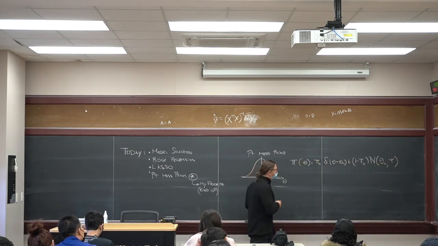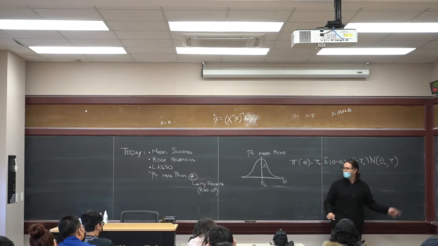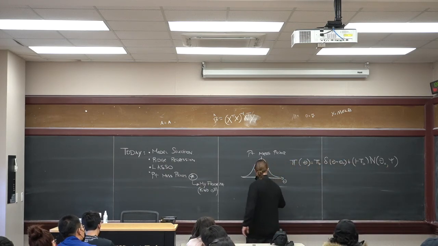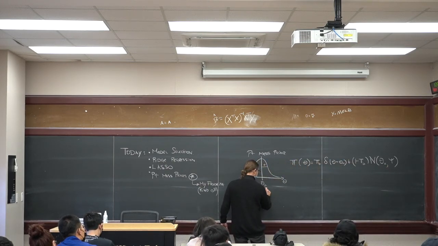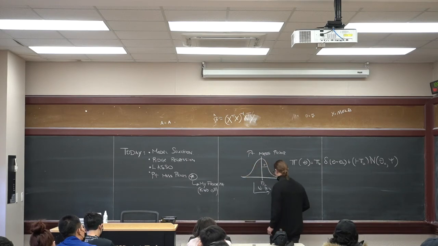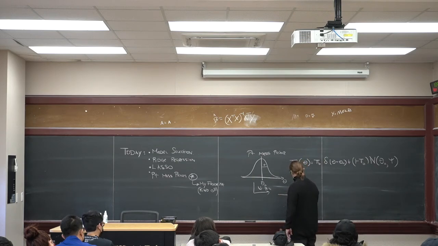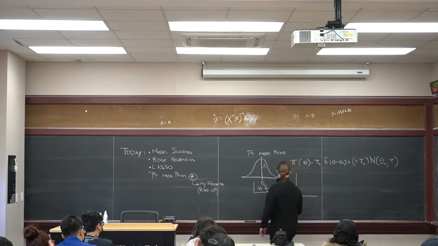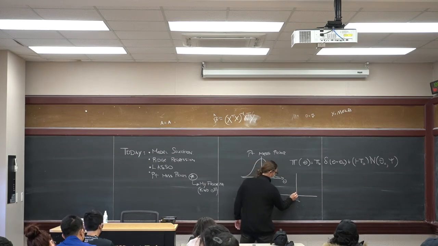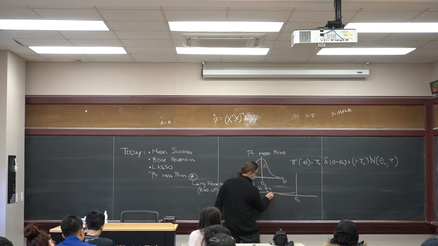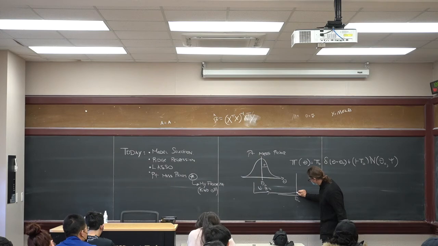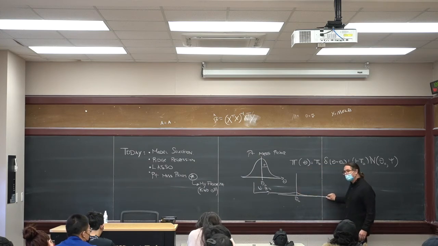Think about if I end up making this bigger and bigger and bigger. So what this is going to look like, psi big, is going to look like this right here. So I'm not going to make it infinitely big yet, but I'm going to make it bigger. So this is supposed to look normal, and it's coming down.